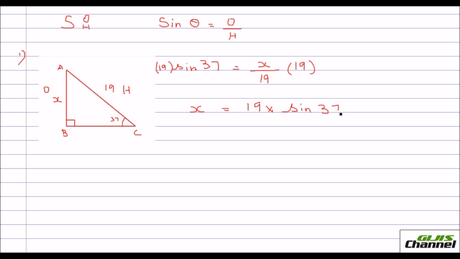Next you're going to find out what sine 37 is, so that's going to be 19 times 0.6018. Use your calculator to find this.